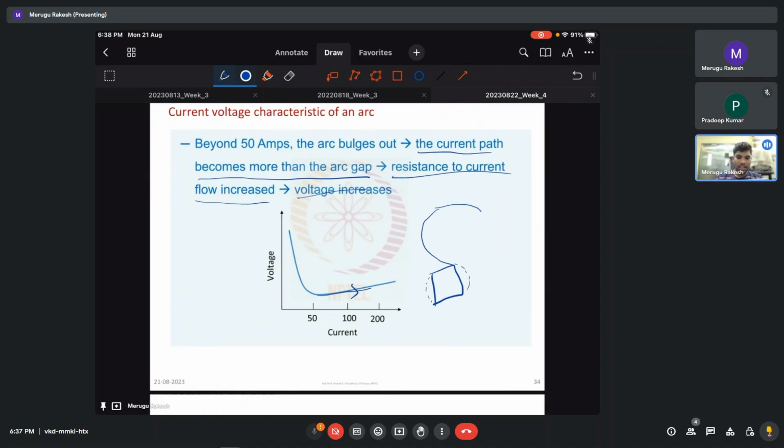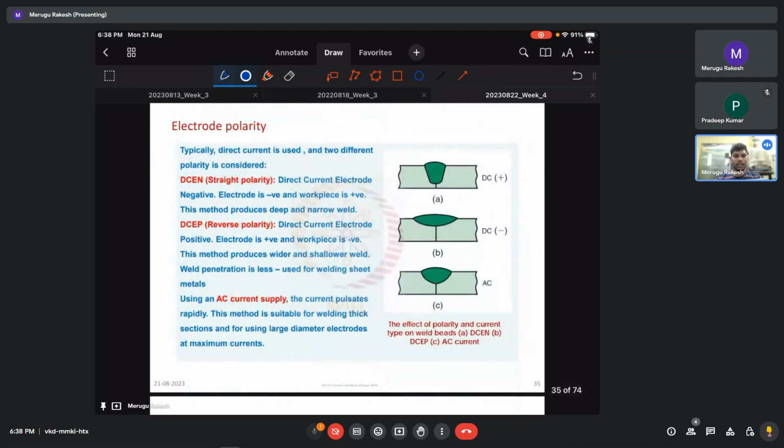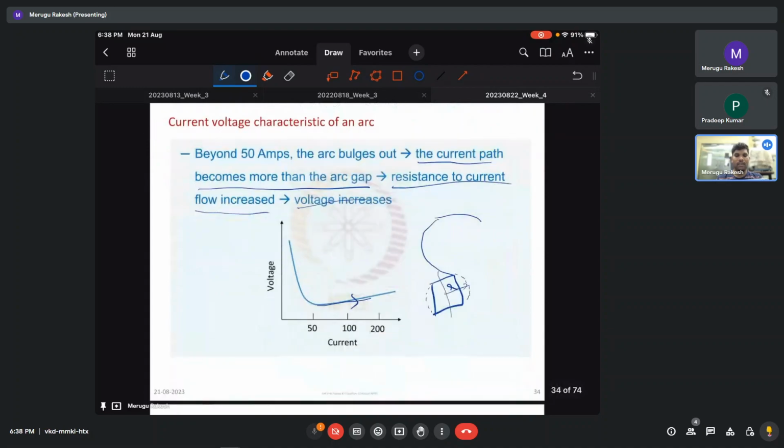That is the reason why this bulge happens. That is the current-voltage characteristic of an arc.